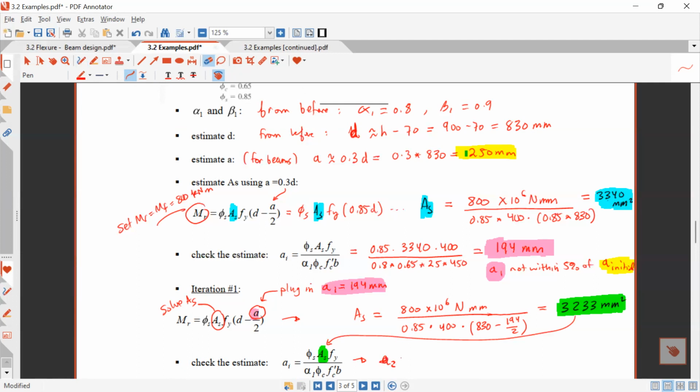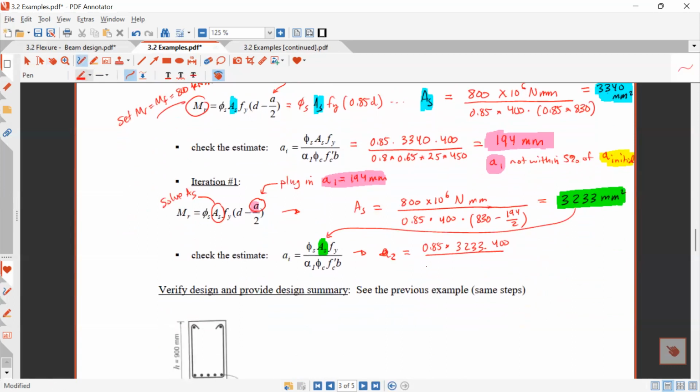So A2 now is equal to phi s, so 0.85 times this thing that we just found, 3,233 times Fy, which is 400, divided by alpha 1, 0.8, phi c, which is 0.65, F prime c, which is 25, and then we have 450 millimeter for the B. So if I do this, I'm going to find 187 millimeter. So this is our new estimate of A.